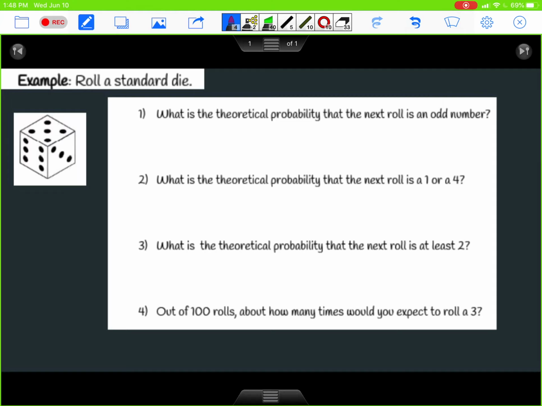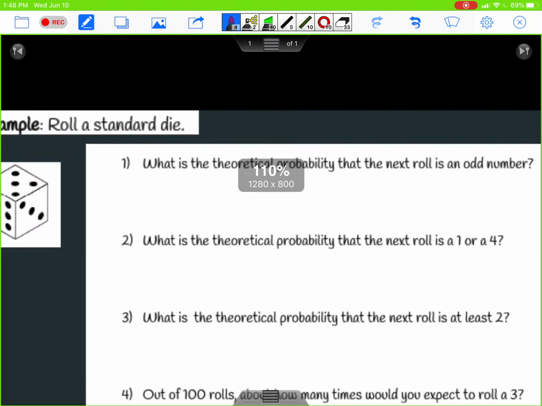All the questions here: What is the theoretical probability that the next roll is an odd number? So, how many odd numbers from 1 through 6? I like to list all my possible choices if it's feasible. So I have 1, 2, 3, 4, 5, and 6. There are 3 odd numbers.